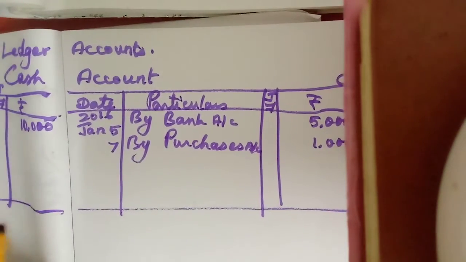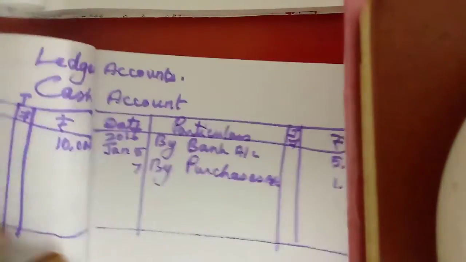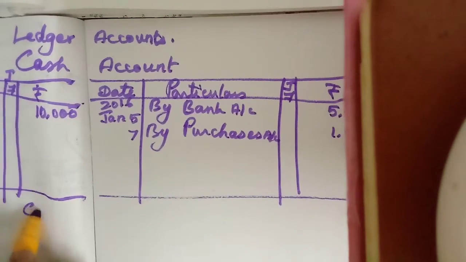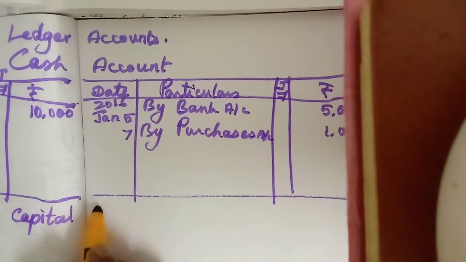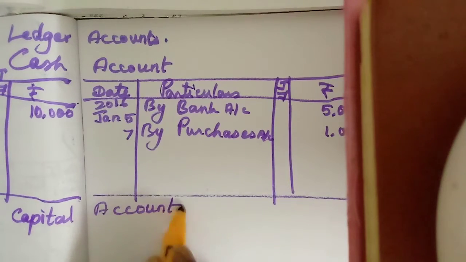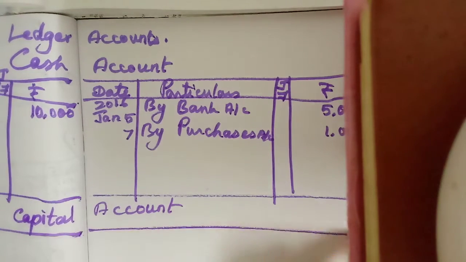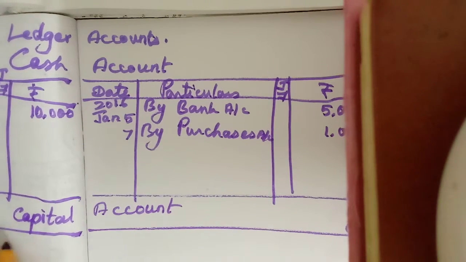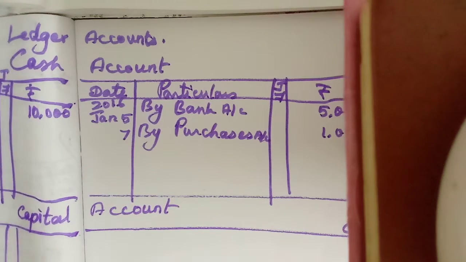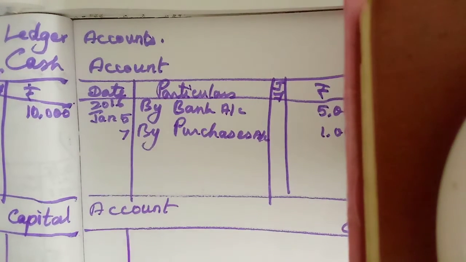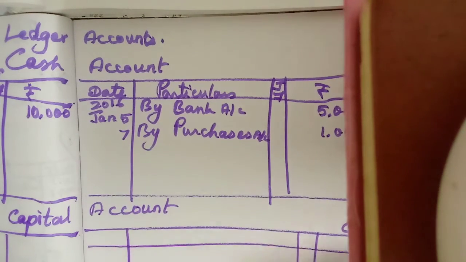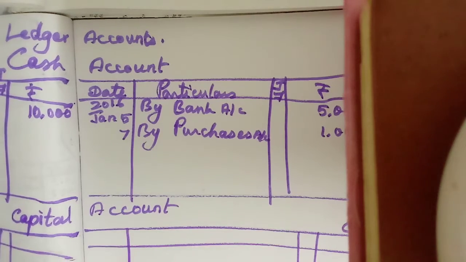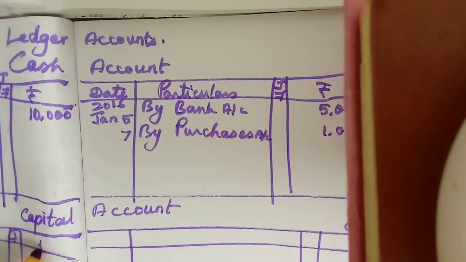After cash account, capital account. Write CR, DR, date, particulars, JF, rupees.